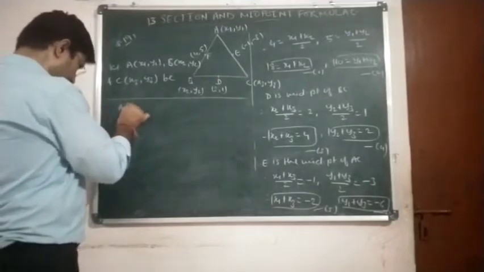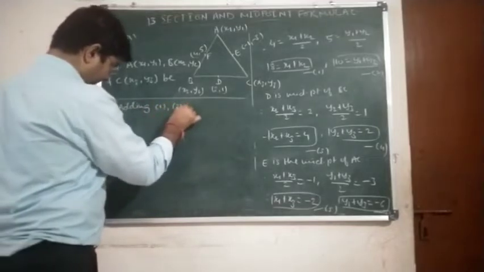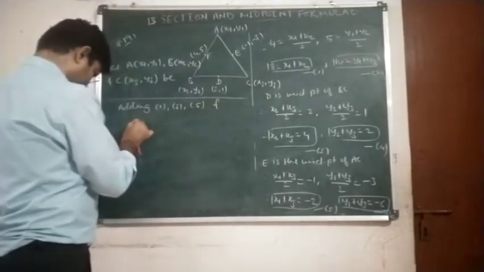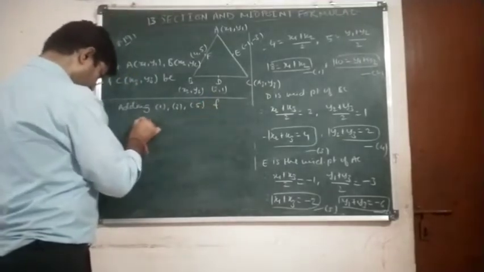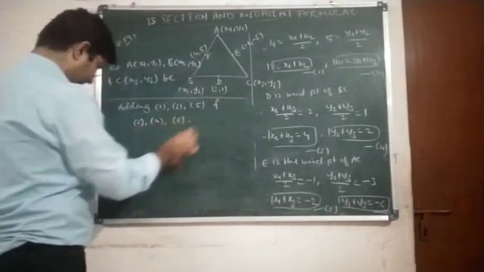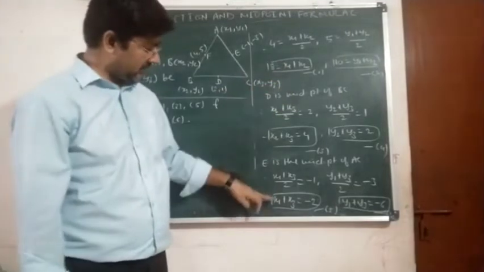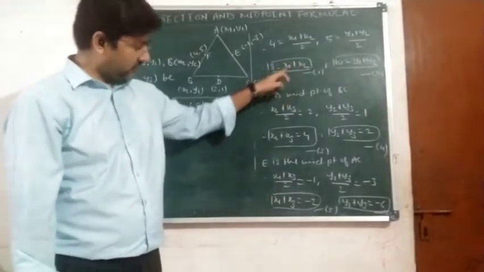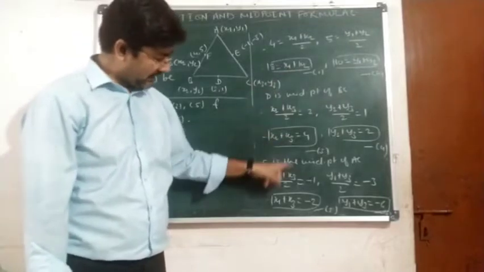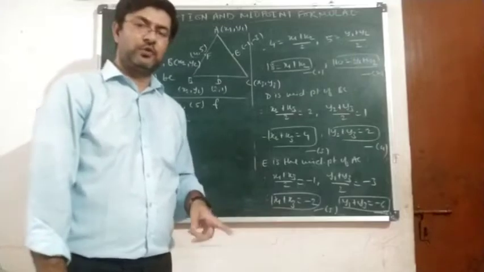Adding 1, 3 and 5, x1 plus x1, 2x1, x2 plus x2, 2x2, similarly x3 plus x3, 2x3. So 2x1 plus 2x2 plus 2x3.